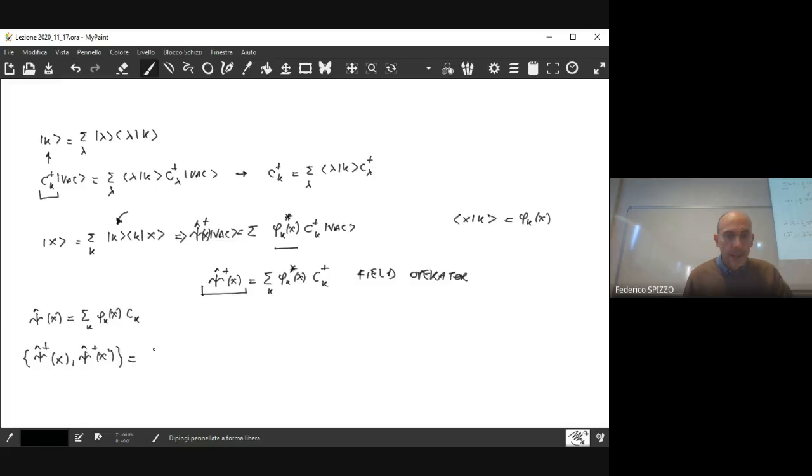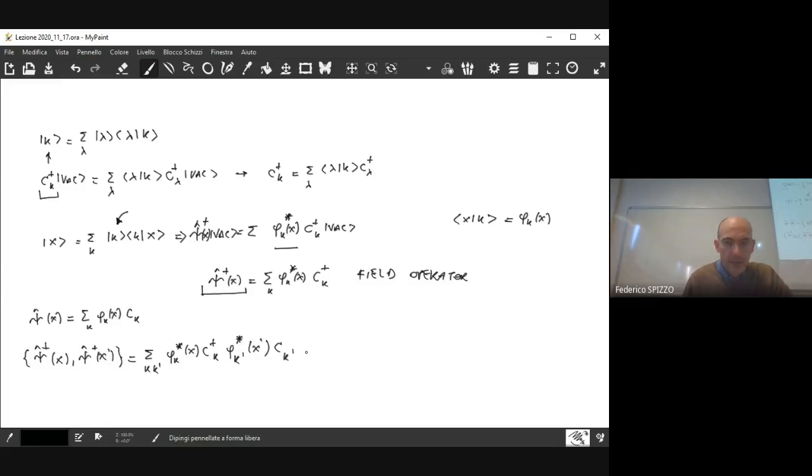So if we write that using the expressions we have here, we have a sum over K and K prime of the first operator, given by phi K conjugated evaluated in X, C cross K, and then we have the second operator. In this case, we have phi of K prime conjugated evaluated in X prime, and we have C K prime.